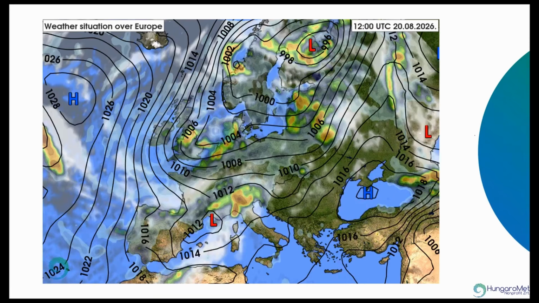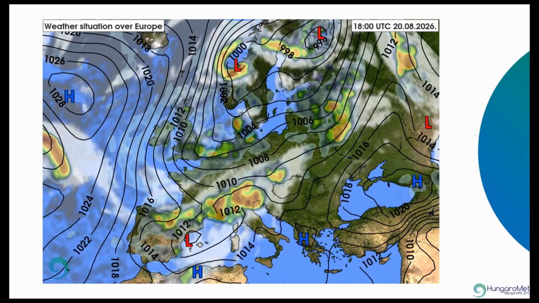Tomorrow, fun fact, is a national holiday. So we usually have a fireworks show in the capital and in many places in Hungary. And we at HungaroMet provide forecasting for this event.